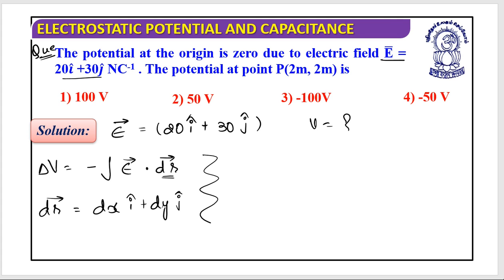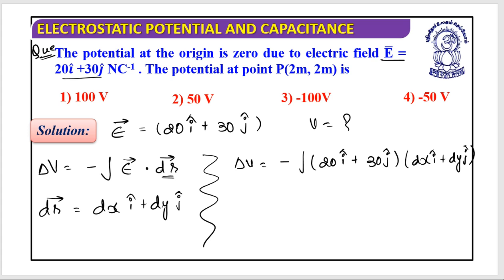So while finding the delta V, first I need to take the dot product of this. Delta V is equal to minus of (20i cap plus 30j cap) dot (dx i cap plus dy j cap).